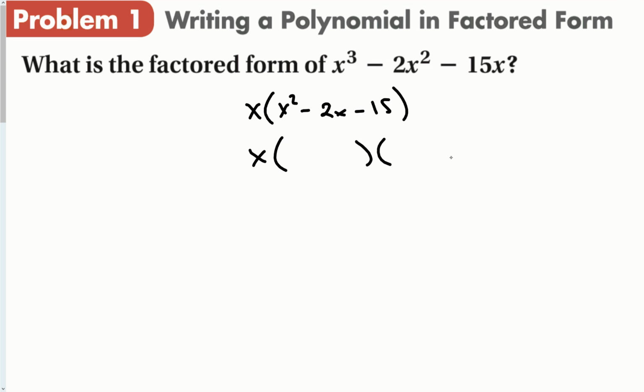Now, I use quadratic techniques, the factors of 15 that subtract and give you negative 2. So that's going to be 3 and 5, and it's going to be x minus 5, x plus 3. Double check with FOIL, right? Make sure your inside and outside terms actually combine to give you negative 2.